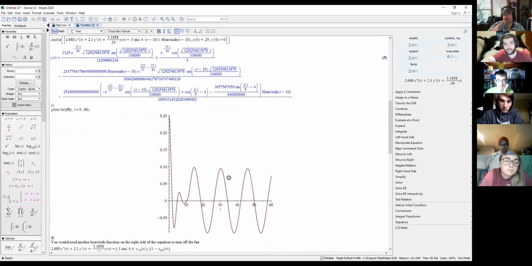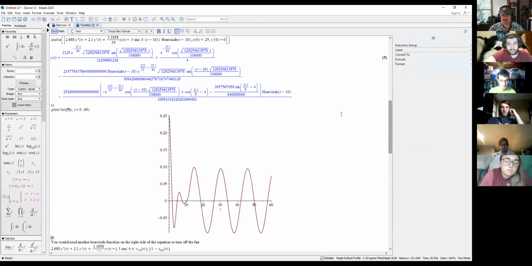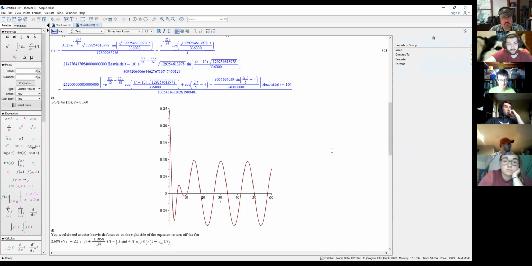After it turns on and you wait long enough, the natural part of the solution goes away, and you're just left with the steady state part, which is just everything after the Heaviside turns on. It's just a periodic function. So sorry we're having Maple troubles on that one. It shouldn't be giving you nearly as much of a headache. I don't know why.